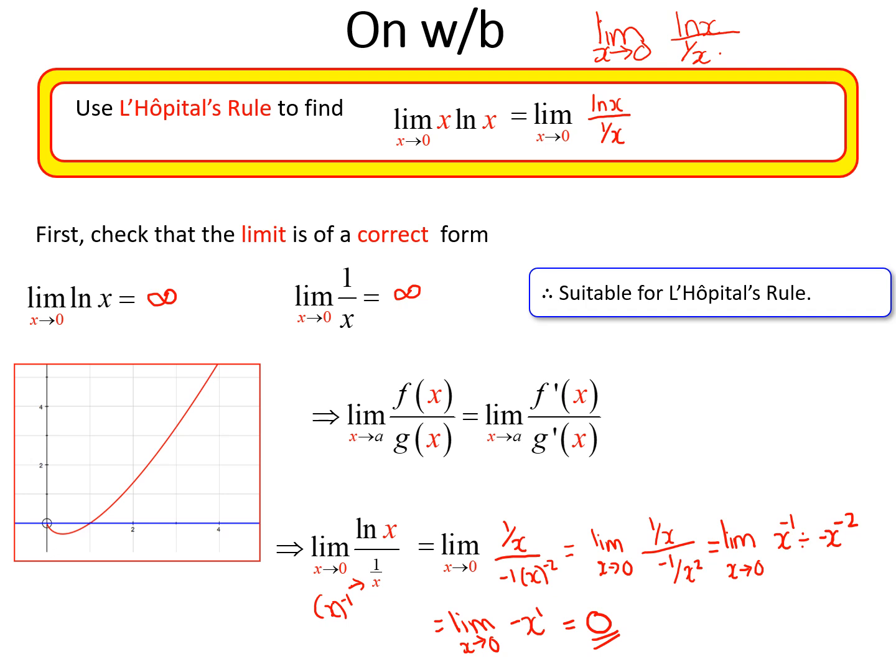So if you're looking at it, there was where we wrote it, ln x over 1 over x. 1 over x can be written as x to minus 1. So when you differentiate x to minus 1, you get minus x to minus 2. And that's gone to 1 over x. That can be rewritten, can't it, as 1 over x divided by minus 1 over x to the 2, which can be rewritten as x to the minus 1 divided by negative x to minus 2.